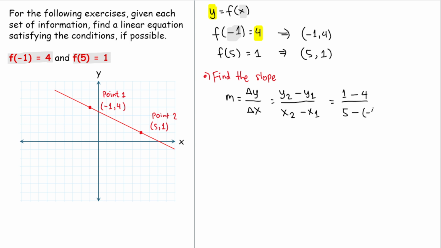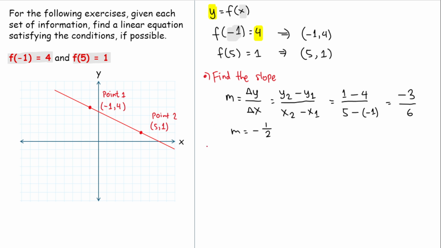So I have minus 1 here. 1 minus 4 is minus 3, and then 5 minus minus 1 will be 6. Or we can rewrite that as m is equal to minus 1/2. That will be our slope, right?